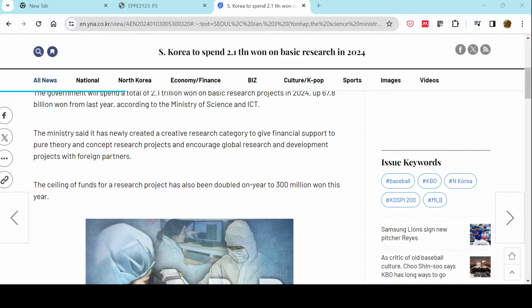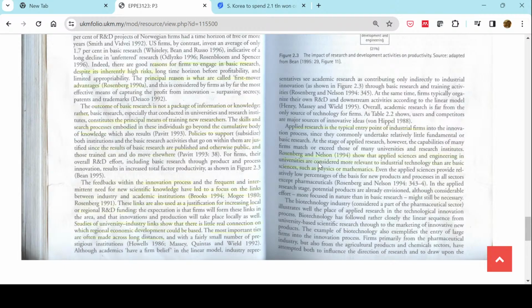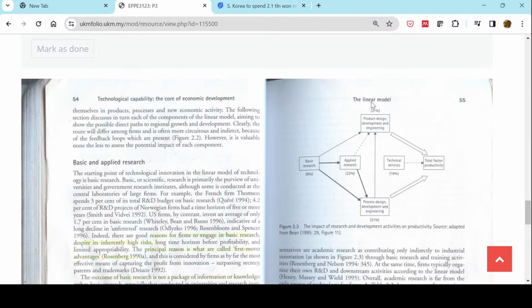So Rosenberg and Nelson show that applied research, applied sciences and engineering in universities are considered more relevant to industrial technology than the basic sciences. So look at the contribution here. Again, this is just the heading.